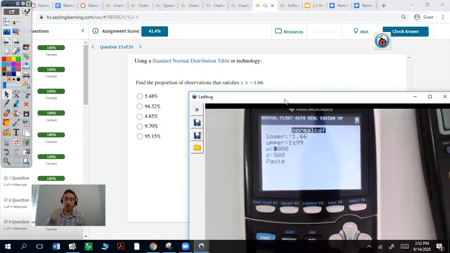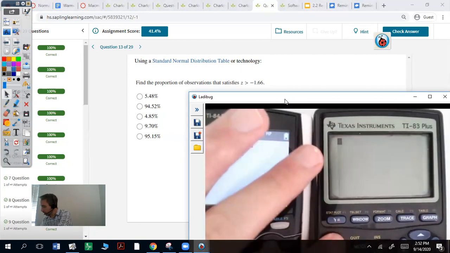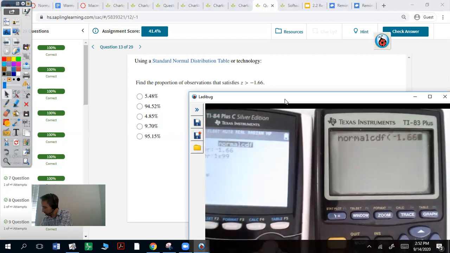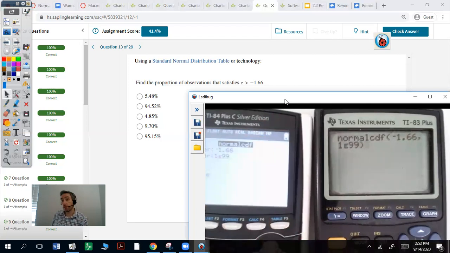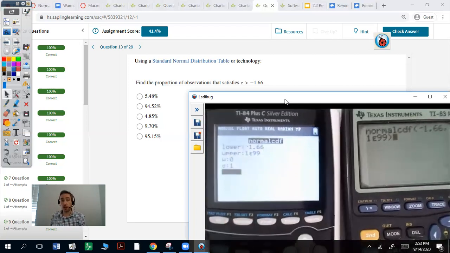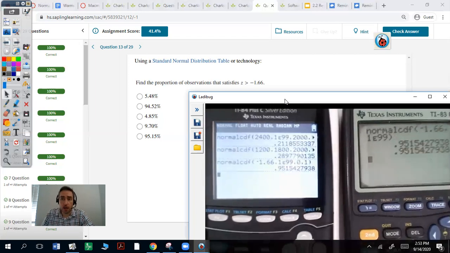But with z-scores, your mean is 0 and standard deviation is 1, so that resets back to 0 and 1. On here, if you do normalCDF and you do -1.66, 1E99, if you close it up and you don't put a mean and standard deviation in, it defaults to 0 and 1 anyway. So if it's just talking about z-scores, you're going to get that answer. So that's 95%.